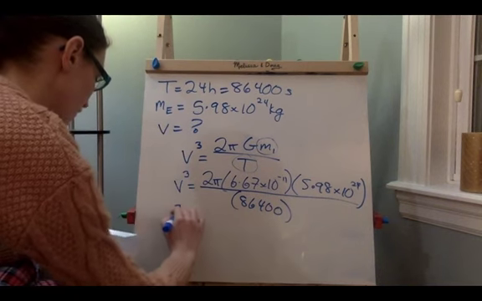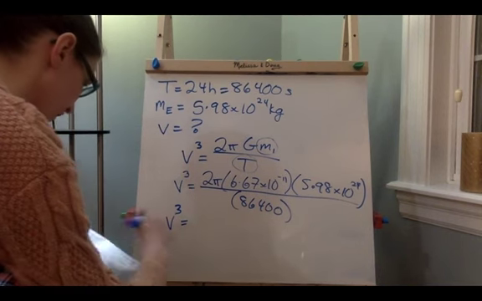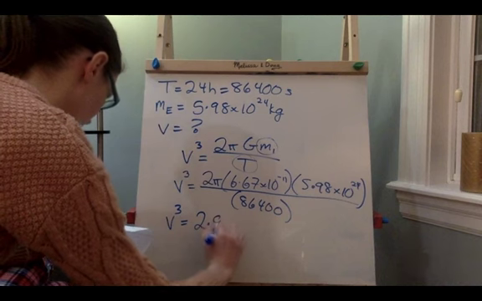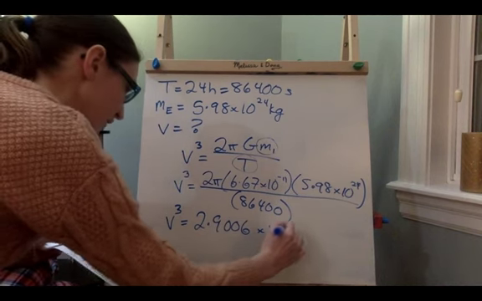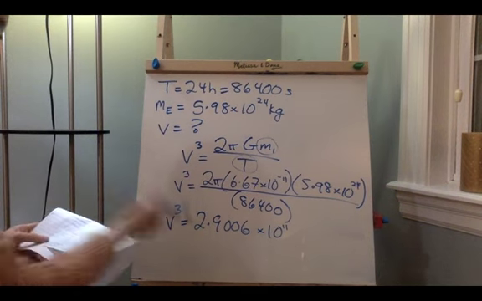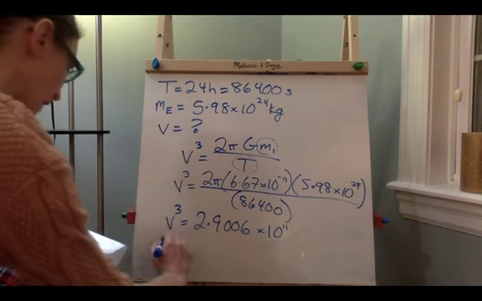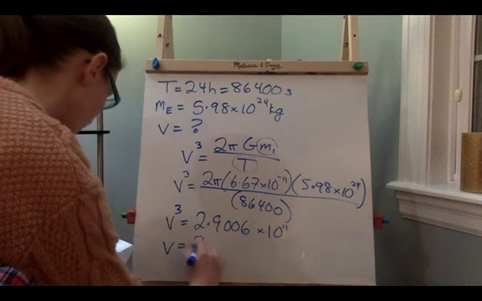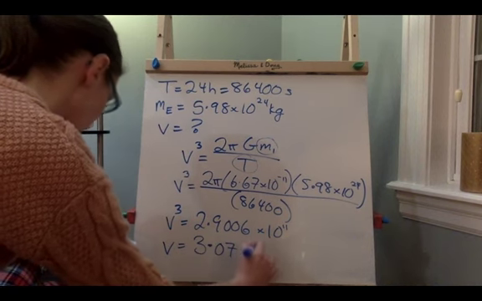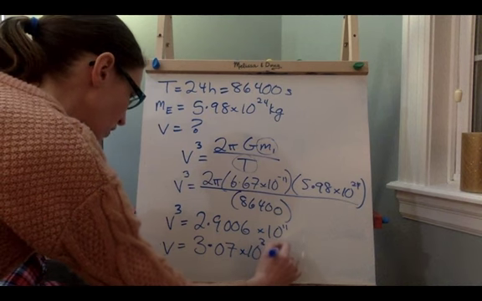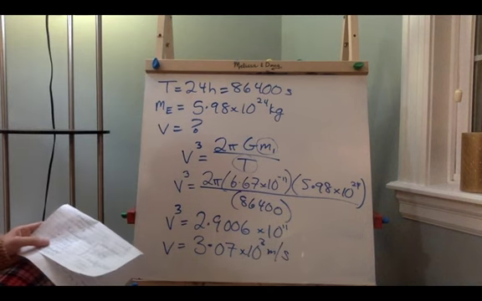We get that v cubed should end up equaling something along the lines of 2.9006 times 10 to the 11. Then you would cube root that value, and you get a value of 3.07 times 10 cubed, and the units here would be meters per second.